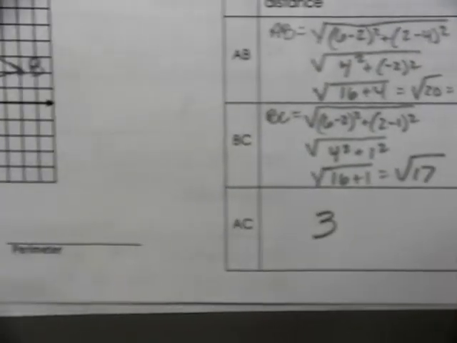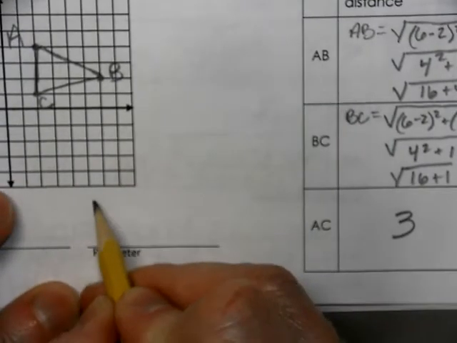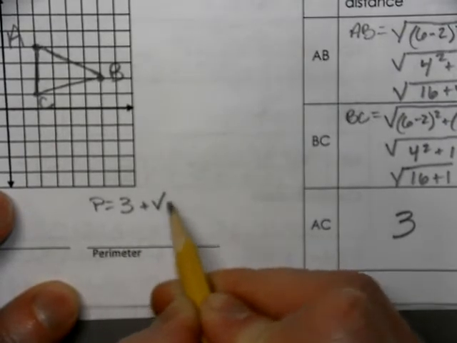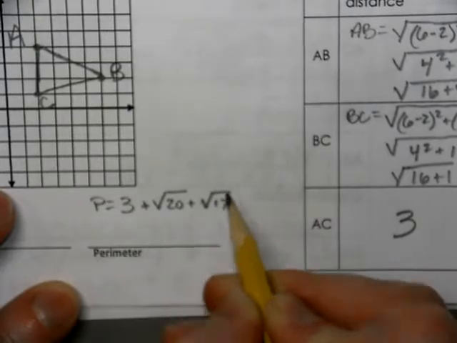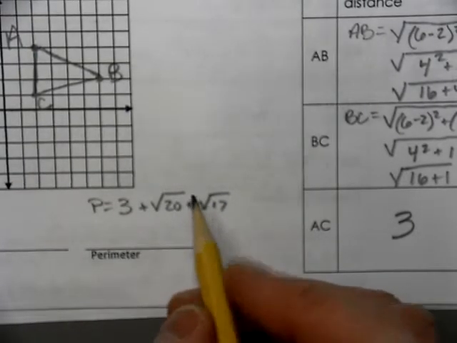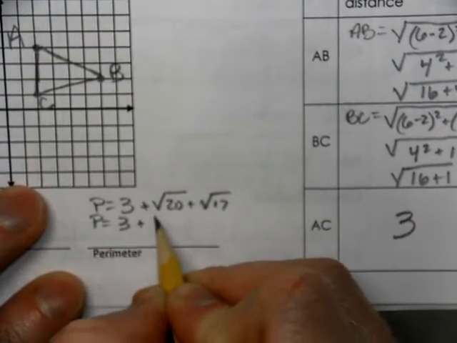So to calculate the perimeter is going to be 3 plus the square root of 20 plus the square root of 17. We can't bring those together any better than that other than with decimals. So let's look at the decimal version of this.